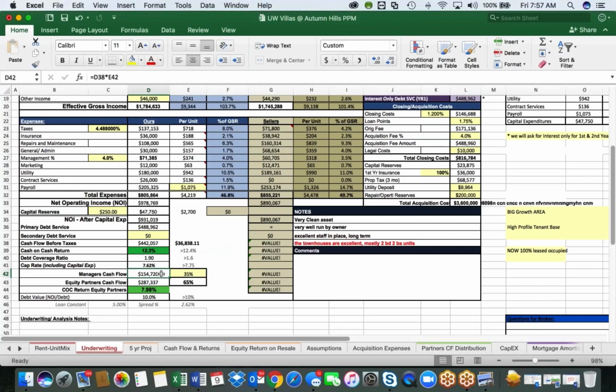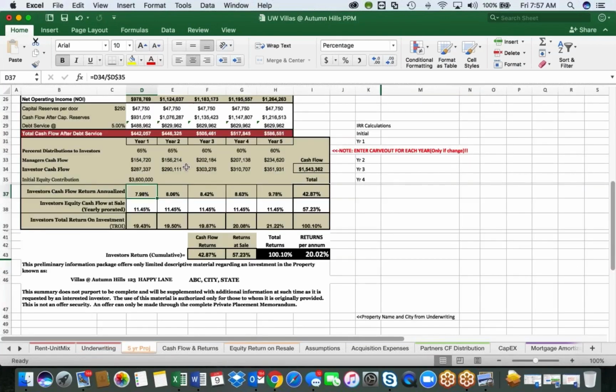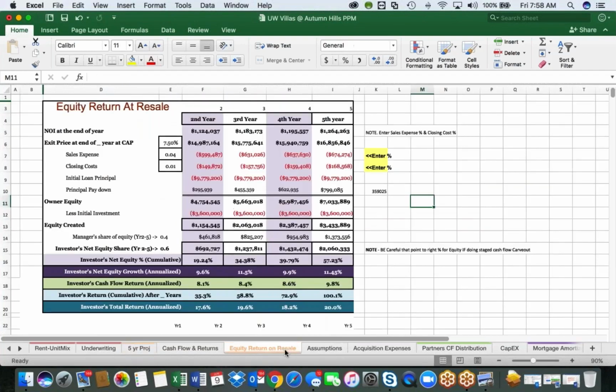If we go to the 5-year projection, it will show I'll make this much the first year, this much the second year, and so on, and my investors will make this much. And then they will also make the equity gain at the end, a portion of which, from the larger, I can show here, equity gain or resale.